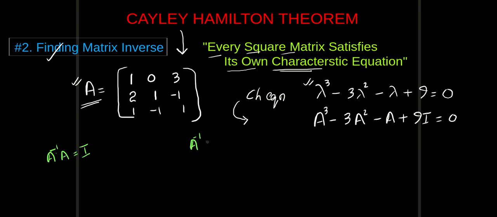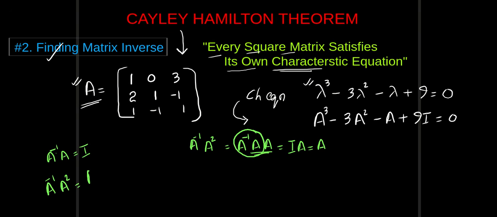So if you multiply A inverse with A square, what happens is, it becomes A inverse into A into A, because A square is A into A. Now matrix multiplication is associative, so this will become capital I into A. But identity into A is A. Okay, so when you multiply A inverse with A square, you end up with A.